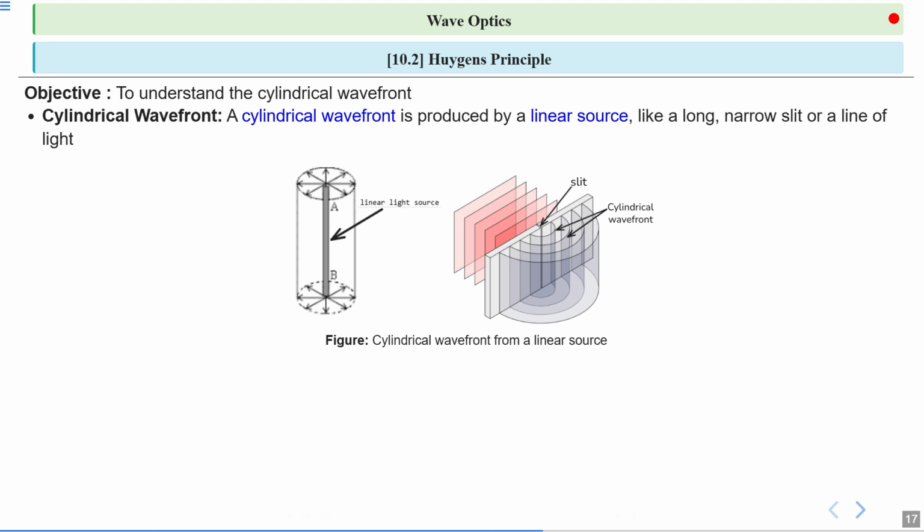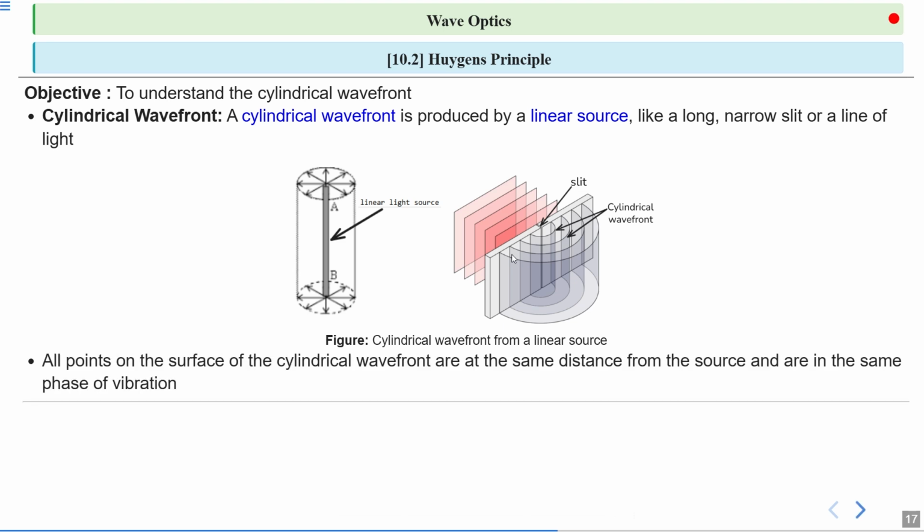So the wavefronts from that linear source will be of which shape? Cylindrical. You can see in this diagram that plane wavefronts are coming from the other side, and after passing through this slit, the linear source, they are becoming cylindrical.